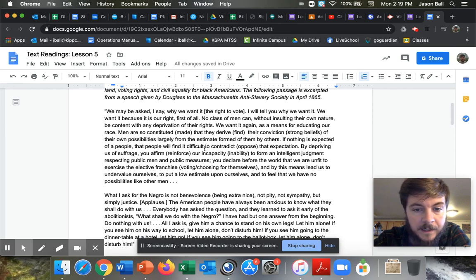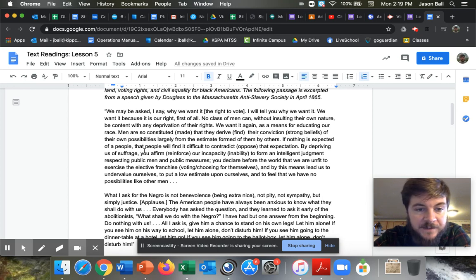So following along again in the middle here, "if nothing is expected of a people, that people will find it difficult to contradict or oppose that expectation." So if nothing is expected of them, then they're not going to think that they can really do anything.